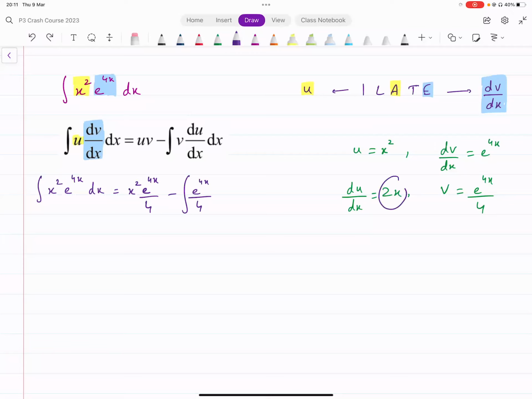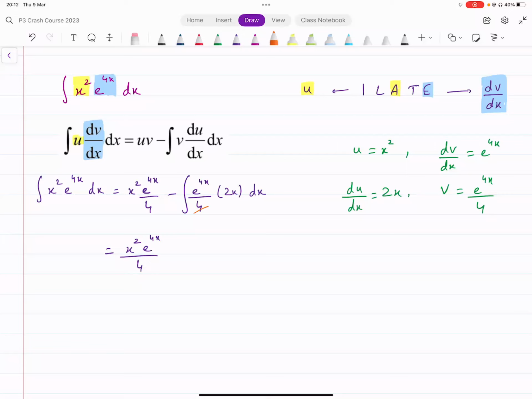What's du over dx? It's 2 times x, with respect to x, that's what we have to do now. Outside, we have x squared into e raised to power 4x divided by 4. Inside the integral, we have e power 4x into 2x divided by 4.